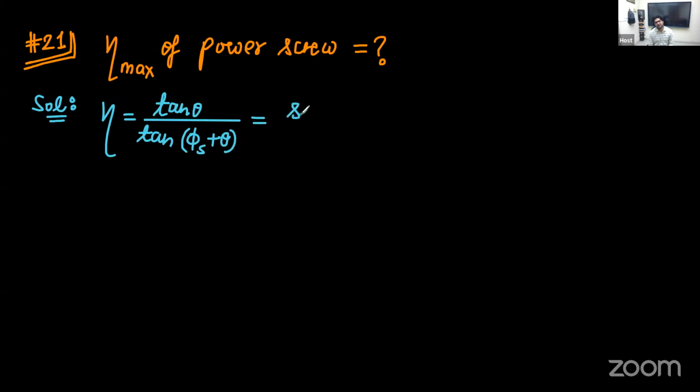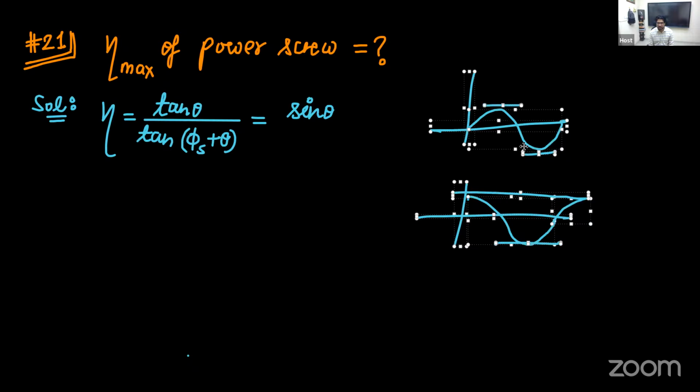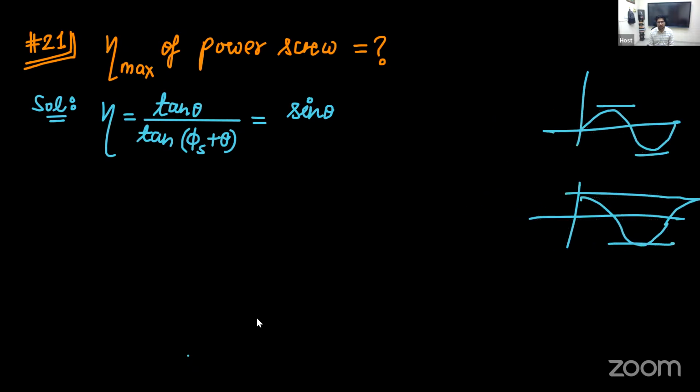I'm just going to change it into sine and cos, because at least sine and cos have some maxima available. Dealing with tan is not going to give us any clue. So I'm trying to change it into sine and cos so that we can think more clearly when we think about maxima and minima.